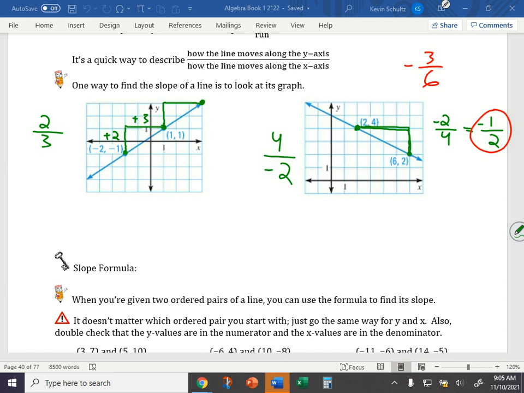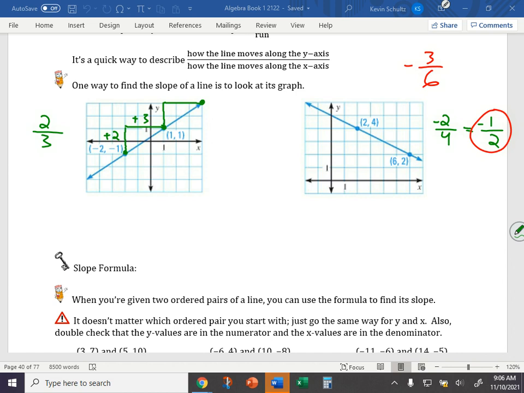No. The rise has to be the numerator. That vertical change has to be the numerator. So, could you do it, Beckman, if you knew what you were doing? Yeah, but I would not recommend it. I would recommend always looking at that vertical change first, down and over versus up and over.